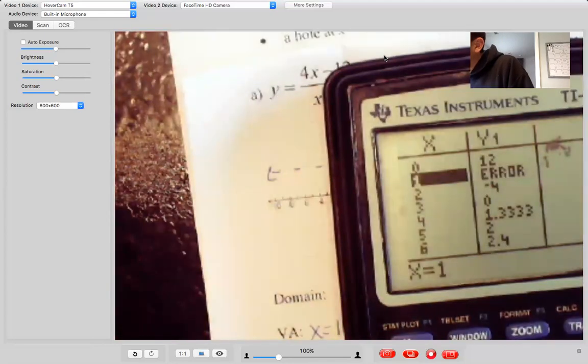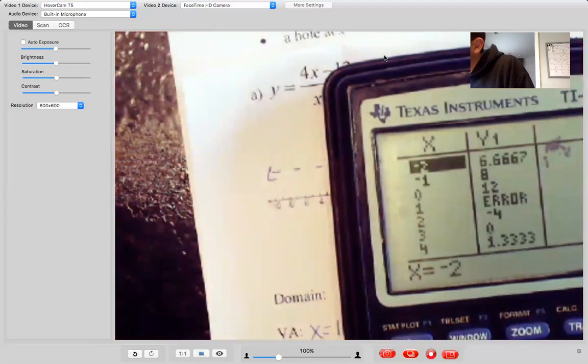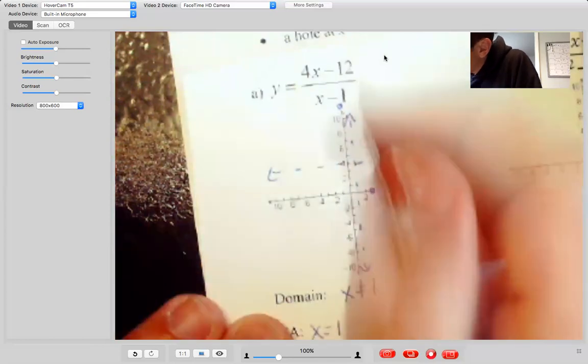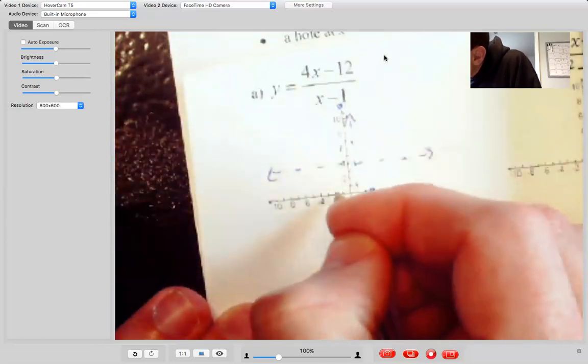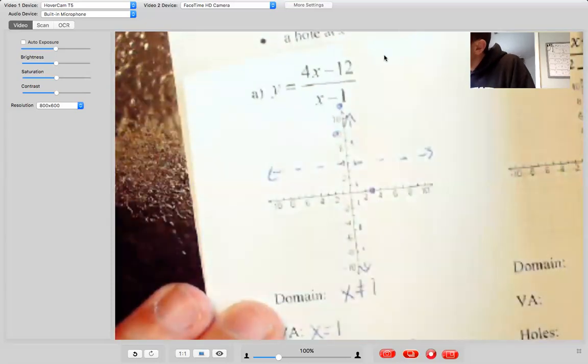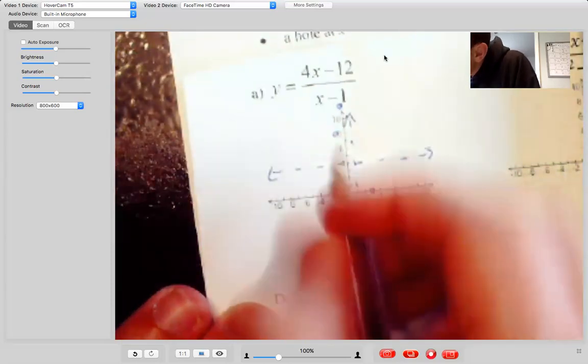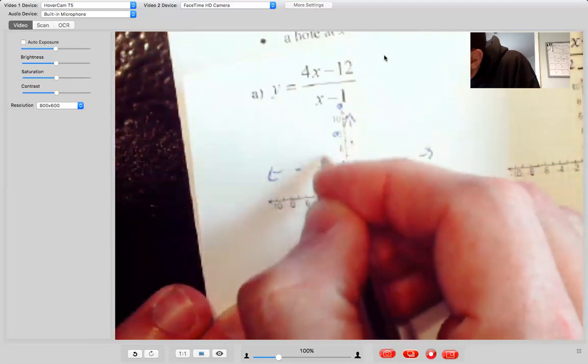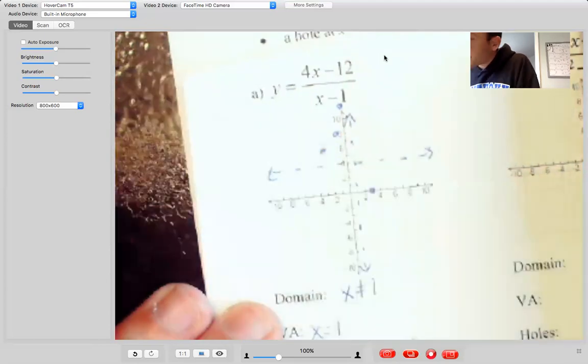So just kind of go through it real quick. Negative 1 goes to 8. Negative 3 goes to 6. Okay, but we get a pretty good idea of what that branch looks like.